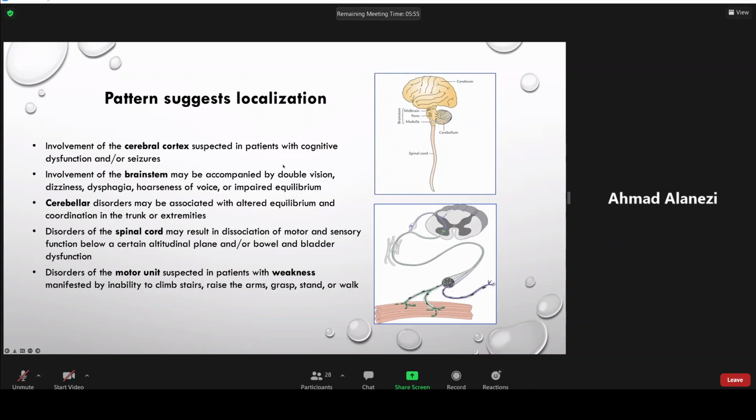So we have the cerebral cortex, and then signs and symptoms of brain stem involvement, and then cerebellar involvement, and then we have the whole lower motor neuron loop, which starts from the anterior horn cells. The anterior horn cells in the spinal cord are the start of the lower motor neuron process.